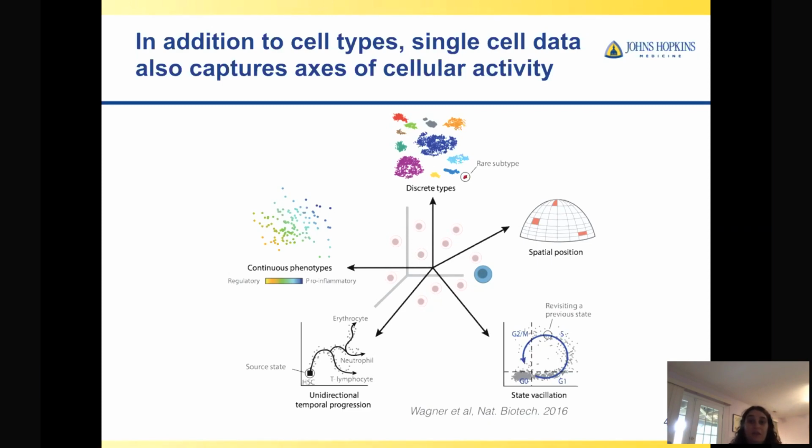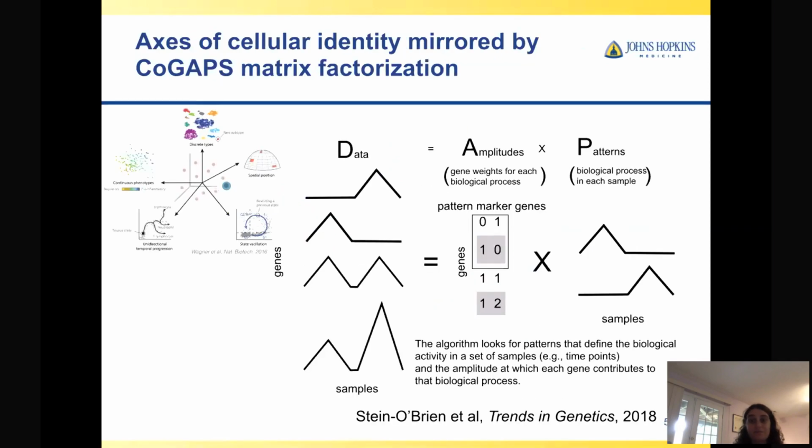And each of these are really encoded fundamentally in the data in terms of the set of genes that it regulates. So the question from the data becomes, how do we go deeper than clustering or annotating these cells to figure out what these phenotypes are?